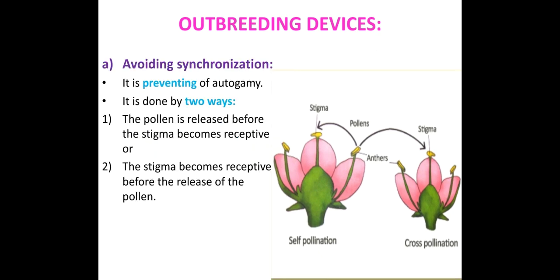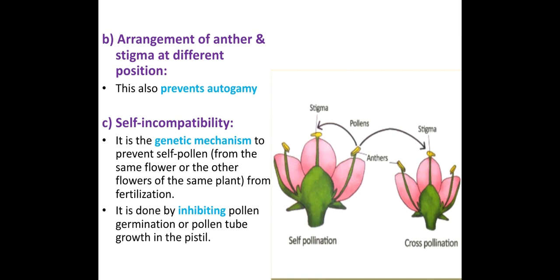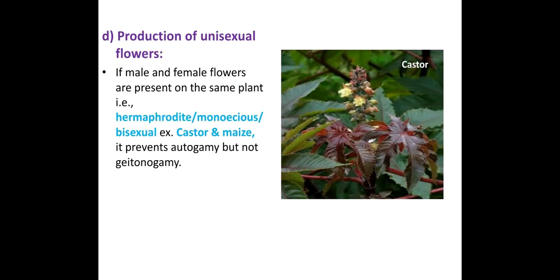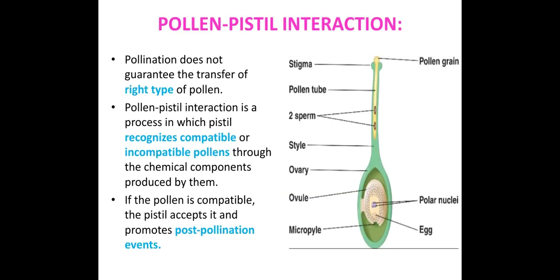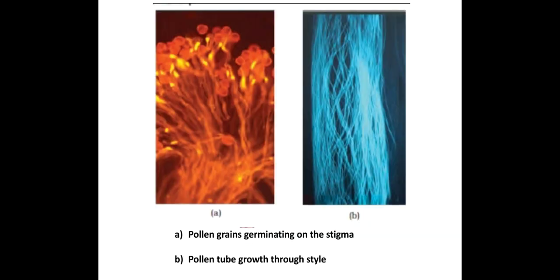There are three types: avoiding synchronization, arrangement of anther and stigma at different positions, then self-incompatibility, and lastly production of unisexual flowers. Then we started pollen-pistil interaction, and we have seen scanning electron microscope pictures of pollen germination and pollen tube growth.